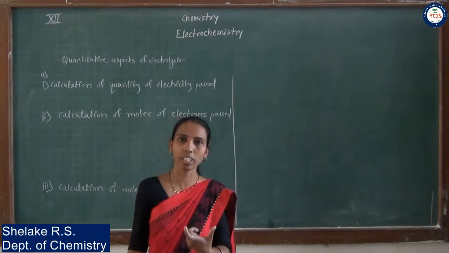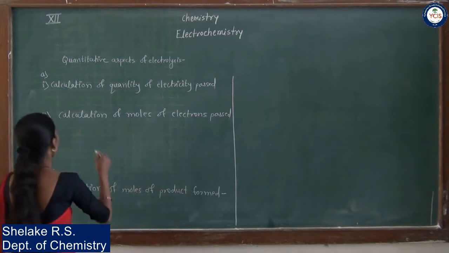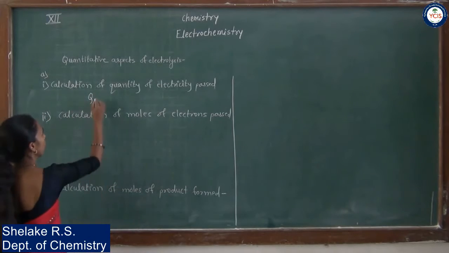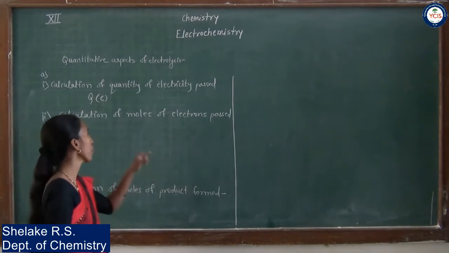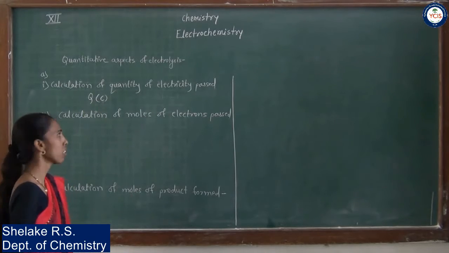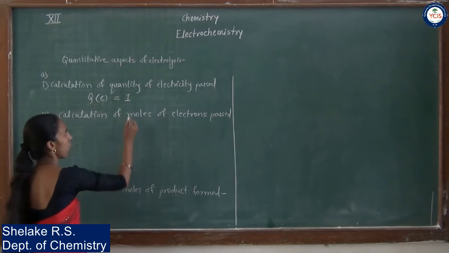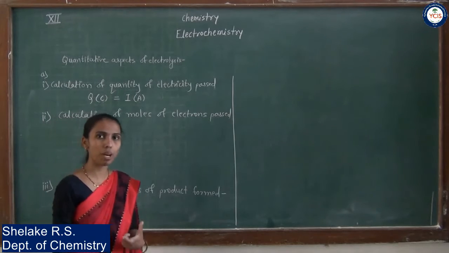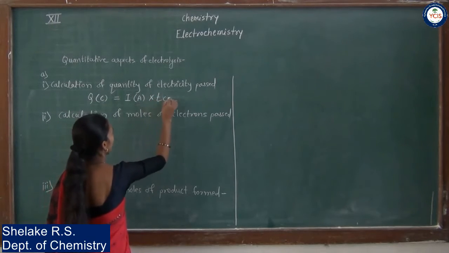Okay, so how can we calculate that amount? This amount is denoted by Q and its unit is the coulomb. The quantity of electricity passed is calculated when I amount of current is passed through the solution, through the electrolyte, for the time t.